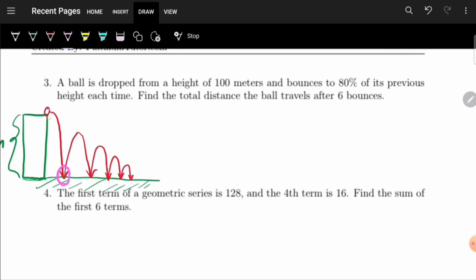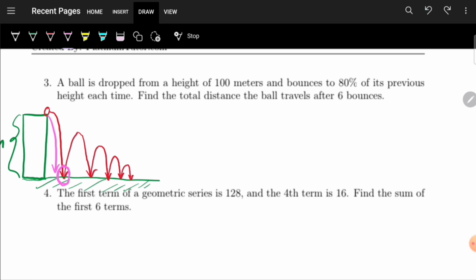First the ball just goes down by 100 meters, and then for the rest of the bounces, we can see they occur in a more predictable manner. We see these bumps after every round. You'll see a little more clearly why I'm doing this in a second.